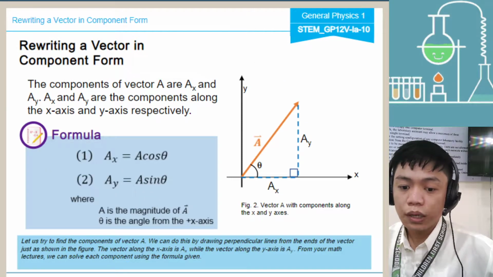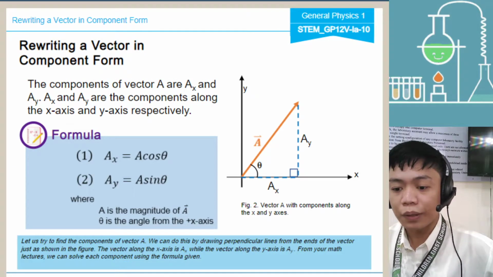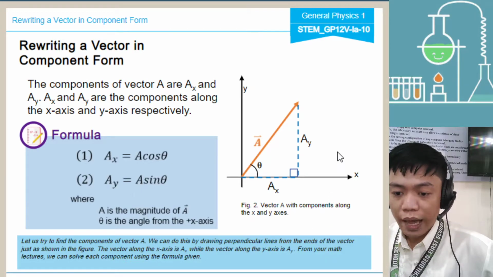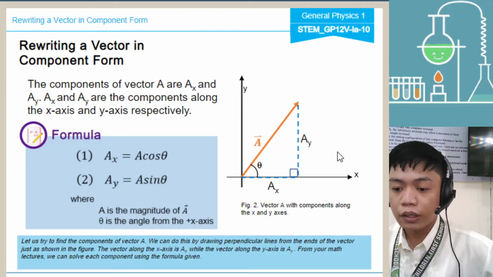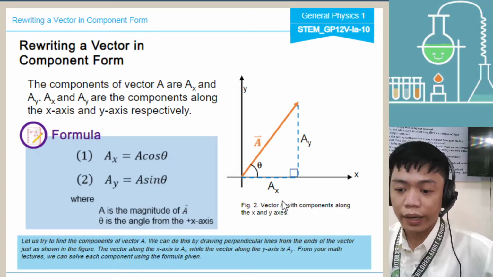Now, let us try to find the components of vector A. We can do this by drawing perpendicular lines from the end of the vector, just as shown in the figure. The vector along the x-axis is A sub x, while the vector along the y-axis is A sub y.